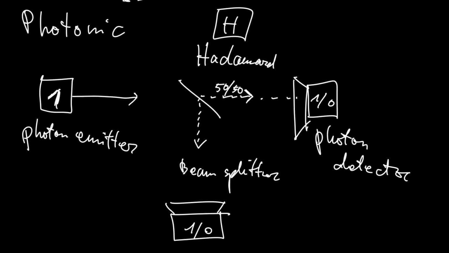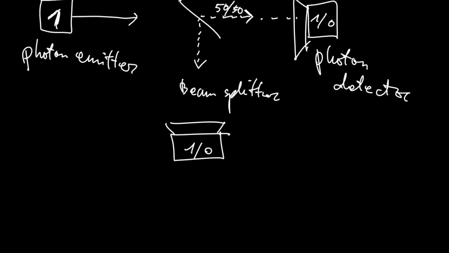So it's the same here. We have a 50-50 chance that our photon is gonna be reflected or gonna go through the beam splitter. So this is how it works. This is one of the examples. Yes. So now let's look at more computations.